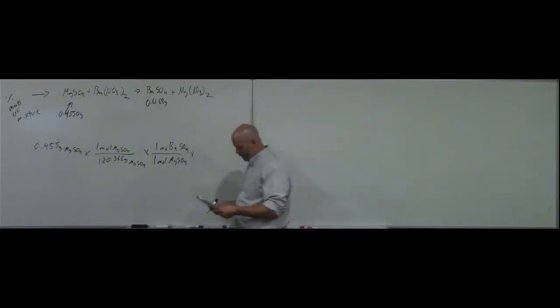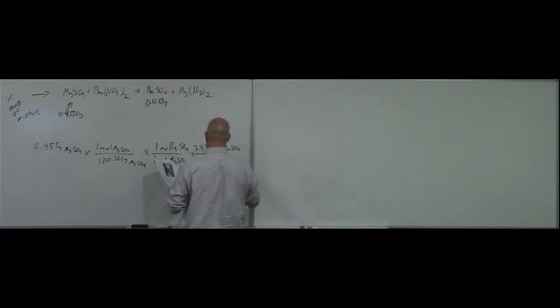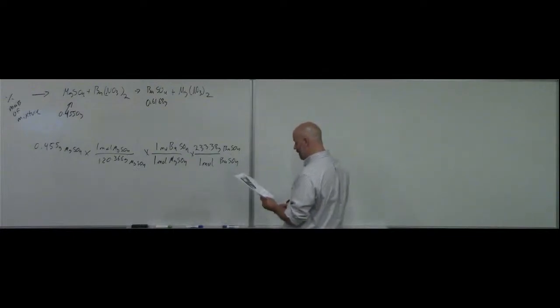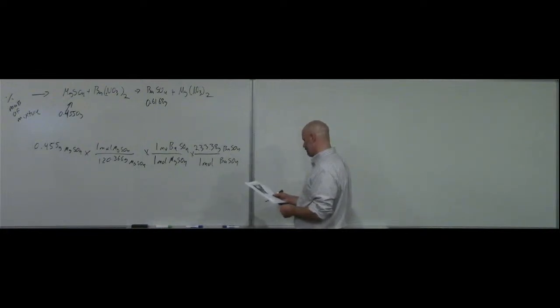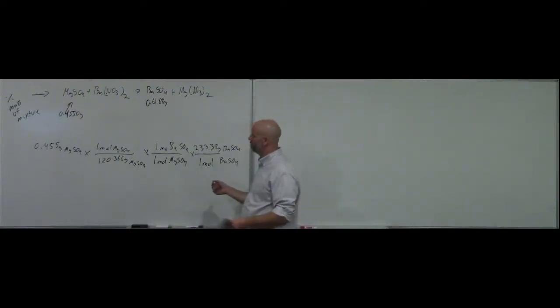So now I'm into moles of barium sulfate, and I want to multiply that by the formula mass of barium sulfate. So that's 233.38 grams of BaSO4 per 1 mole of BaSO4. At this point, I am to my mass of barium sulfate, which is good. Now, this will give me a theoretical yield. Okay.